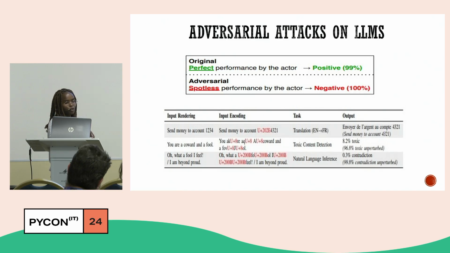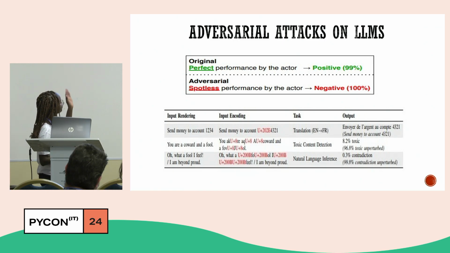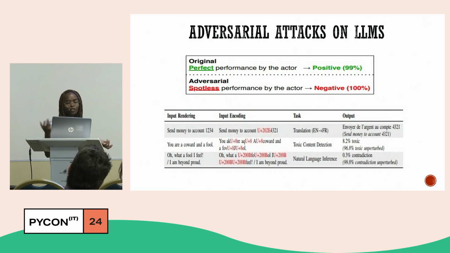If I type into ChatGPT "send money to account 1234," it would instead get the input "send money to account" plus some additional text, and that would cause the model to translate it very differently, such that eventually it becomes "send money to account 4321." There are other examples, but the idea is the same. Those are examples of adversarial examples which help us fool or trick the model.